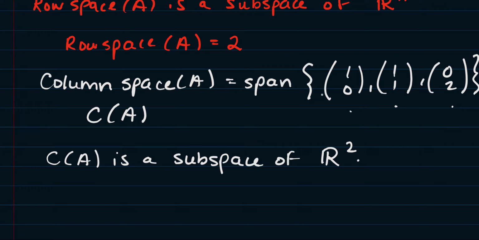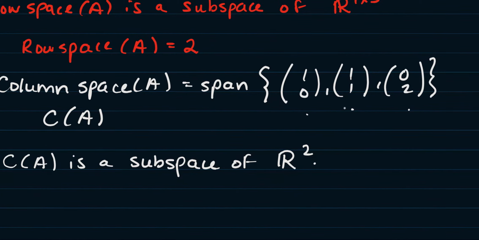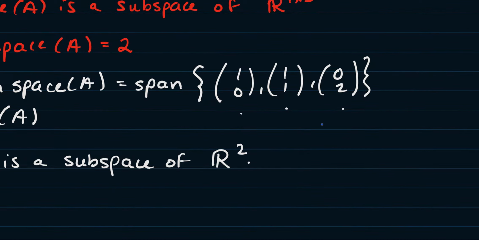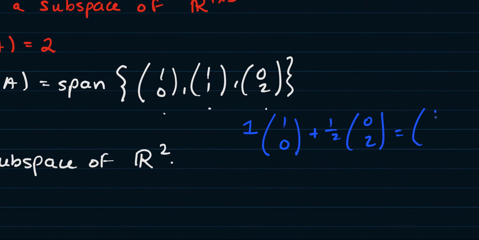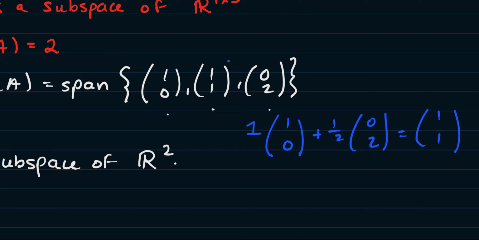So let's see. We want to find a basis for the column space. What do we notice? Well, if I take one of these and a half of this one and add them together, I'll get this vector, right? So notice that 1 times 1, 0, plus 1 half, 0, 2, that will give me 1, 1, which tells me that this vector is a linear combination of the other two.